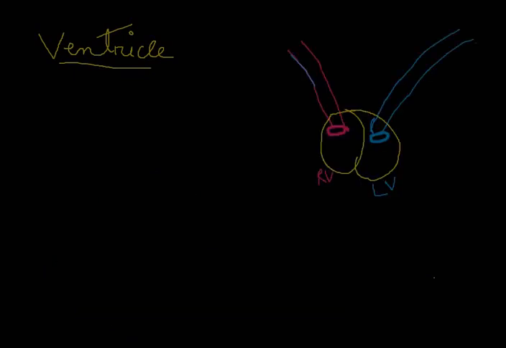Now this is right ventricle, this is left ventricle, and in the right ventricle we have the pulmonary artery, and this pulmonary artery carries deoxygenated blood. This is the exception among arteries, as all the other arteries carry oxygenated blood.